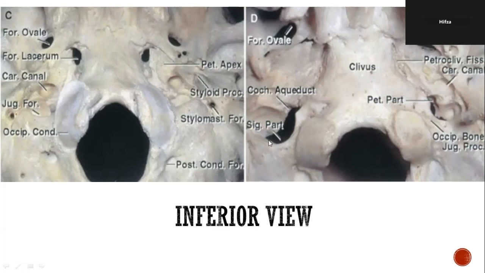Here again we have the sigmoid part, which is the posterior lateral and larger part than the anterior medial petrous part. Then we can appreciate the clivus here, and these are the condyles.